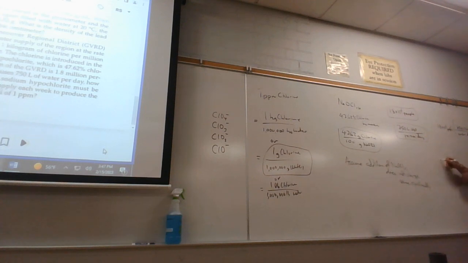I have to assume something. So I'm going to make another assumption. In order to go from milliliters of water to grams of water, I need to know the density. I can assume the density of 1 gram per milliliter safely, but 1 gram per milliliter is how many sig figs?